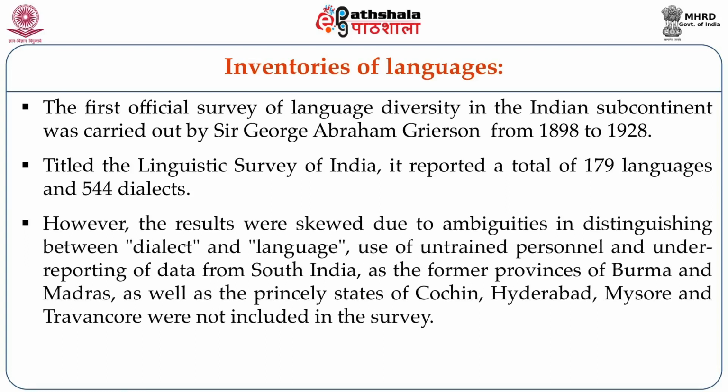However, the results were skewed due to ambiguities in distinguishing between dialect and language, untrained personnel, and underreporting of data from South India, as the former provinces of Burma and Madras, as well as the princely states of Cochin, Hyderabad, Mysore and Travancore were not included in the survey.